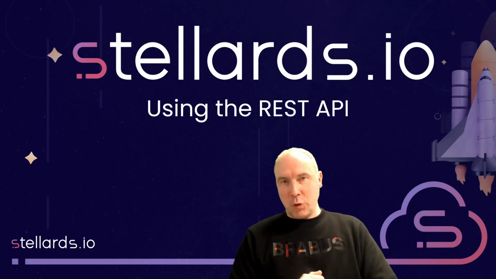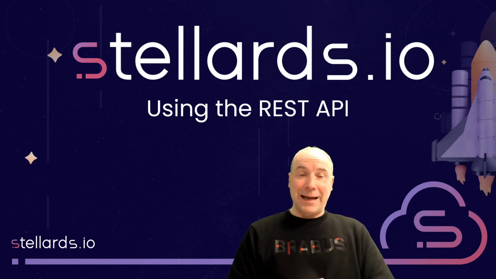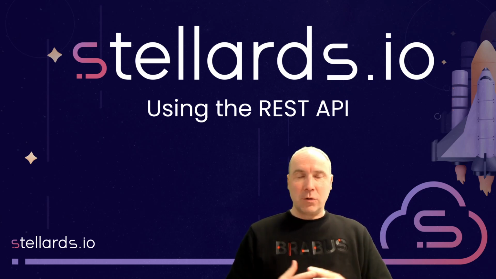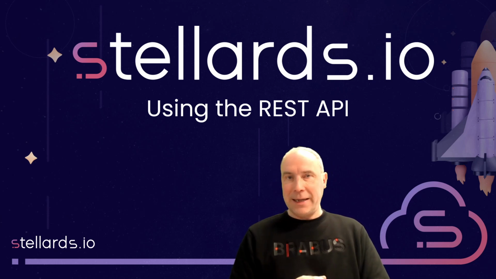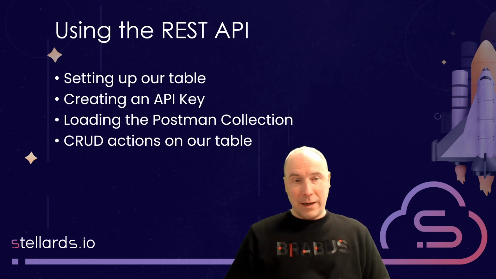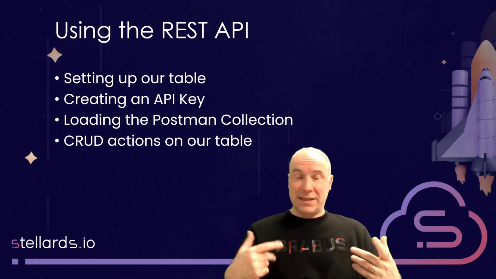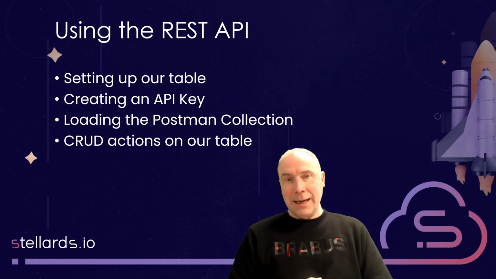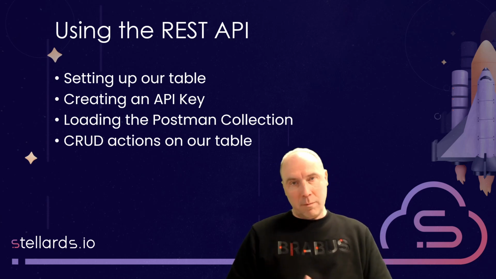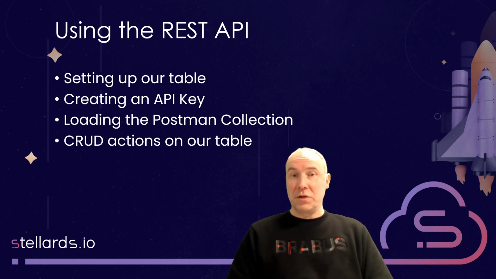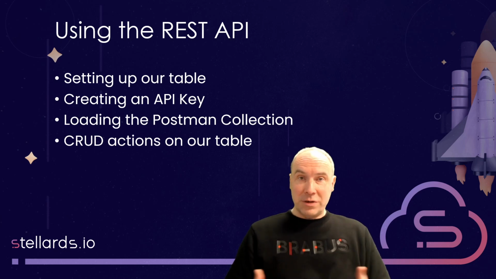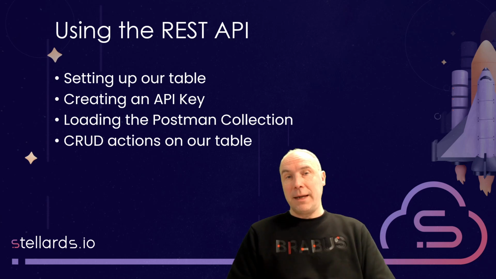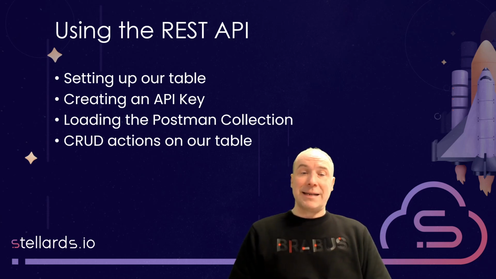Welcome in this new video on stellards.io, and today we are getting technical. We are going to touch our REST API that we have for you, and we will show you how you can get started, from setting up your table and creating an API key, to using the Postman tool, popular with everyone who uses REST APIs, and that Postman collection to perform your first REST API accesses to stellards.io.